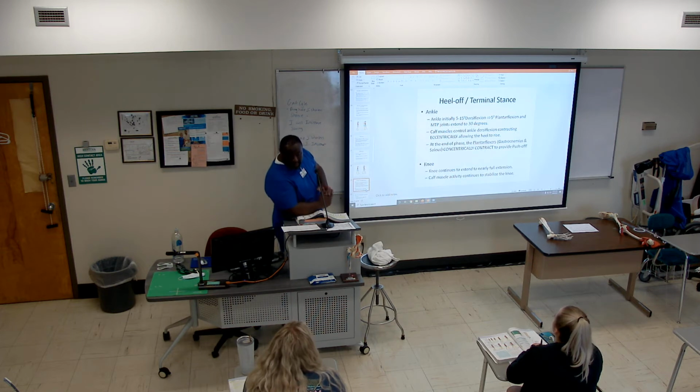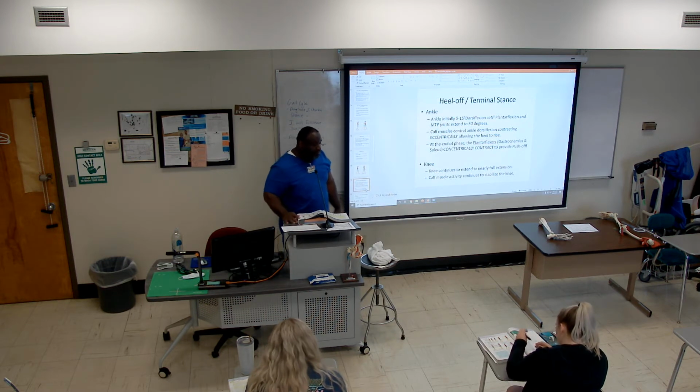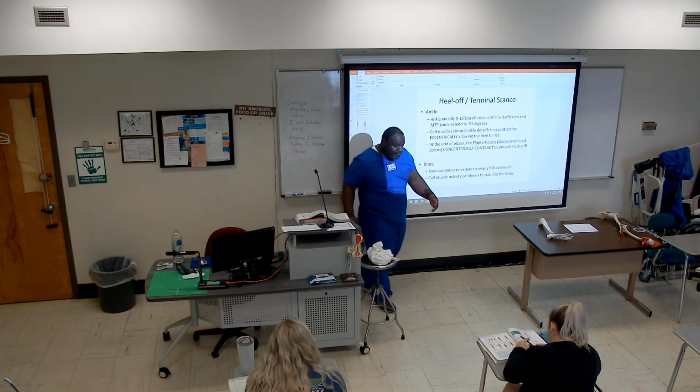Okay? In terminal stance, or heel off, my knee is still at 0 degrees, still held there. The knee is still weighted because I'm still in closed chain because of my forefoot.